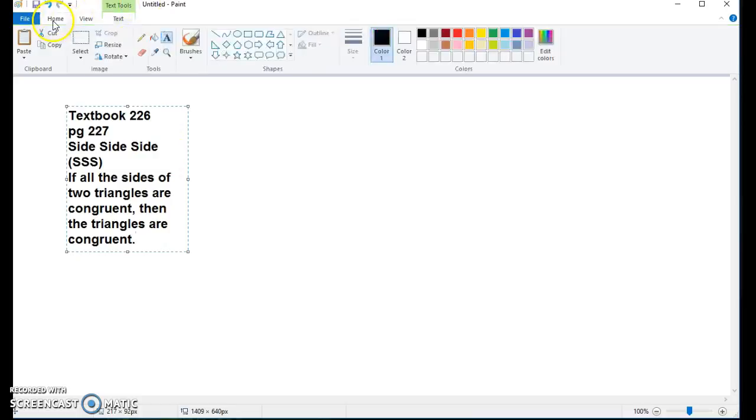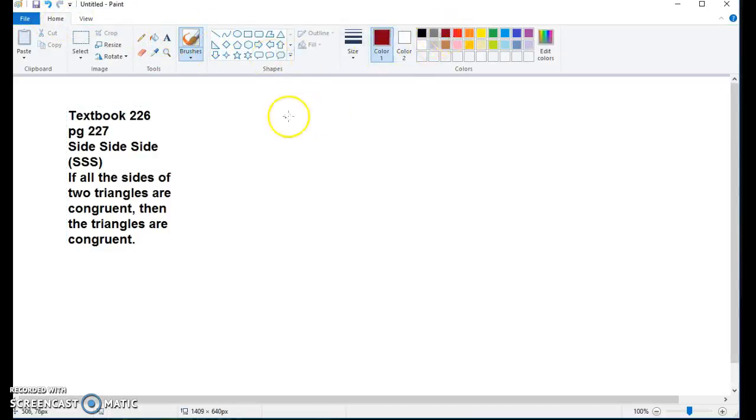So looking at a picture, if I have this picture here and I have that this is congruent to this, that is congruent to that, and these three are congruent.